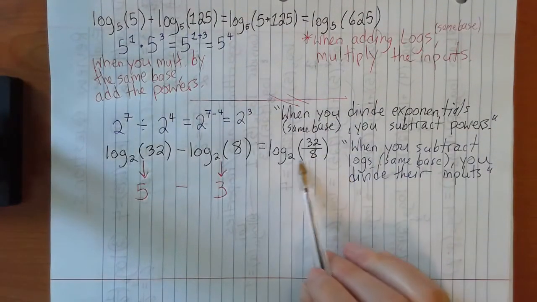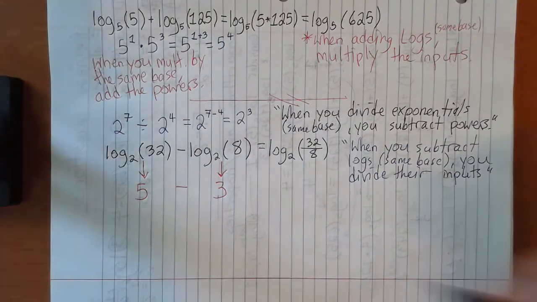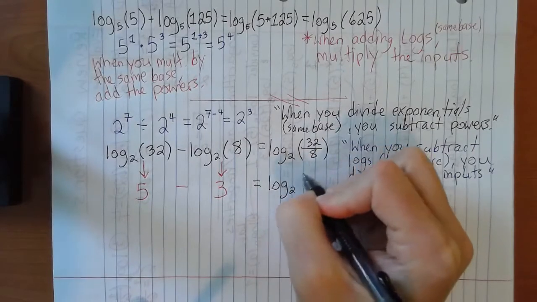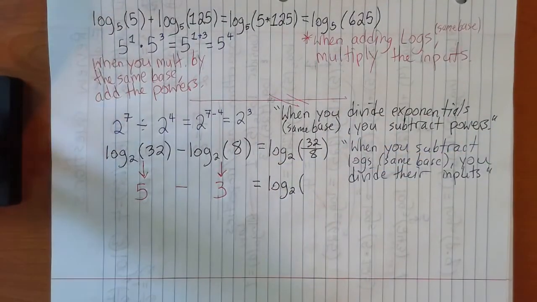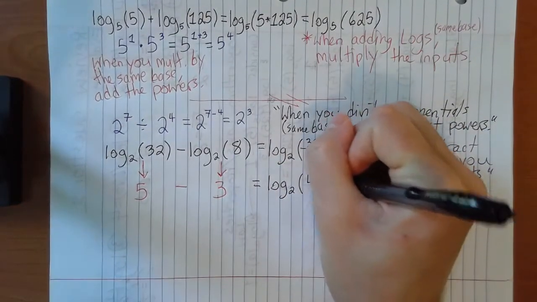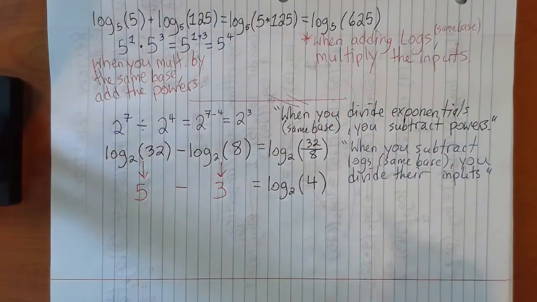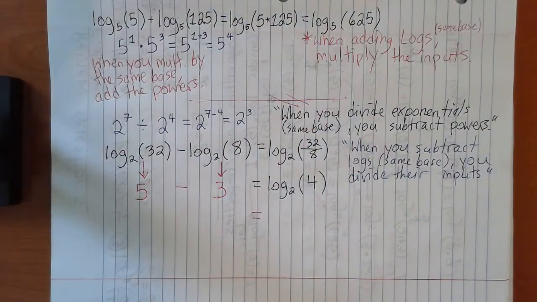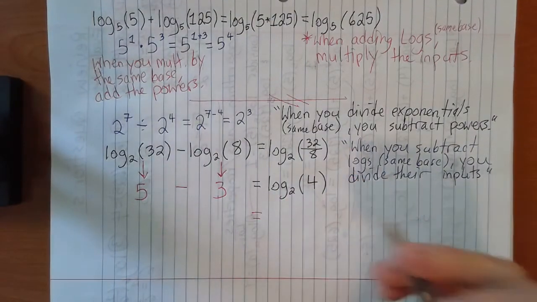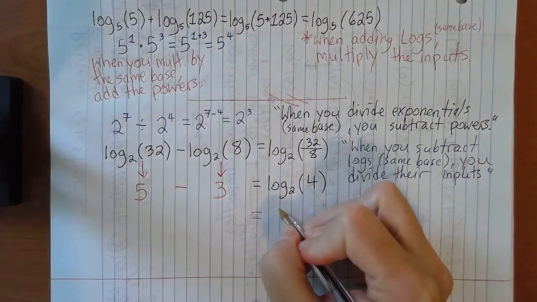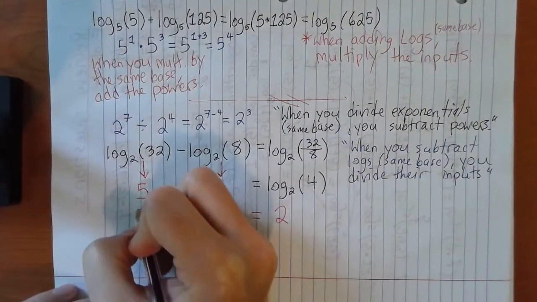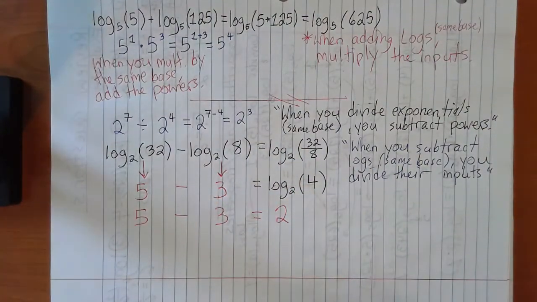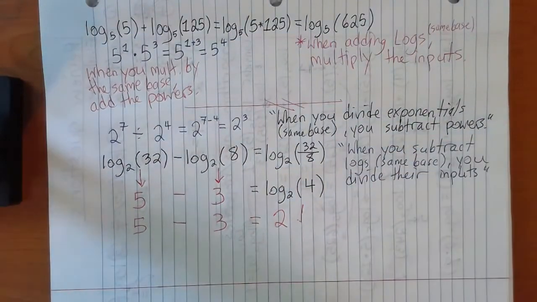In theory, this should be equal to log base 2 of 32 divided by 8. Well, 32 divided by 8 is equal to 4. And we know that log base 2 of 4 is going to be equal to 2, since 2 squared is equal to 4. So now we basically have written 5 minus 3 equal to 2, which is definitely correct.